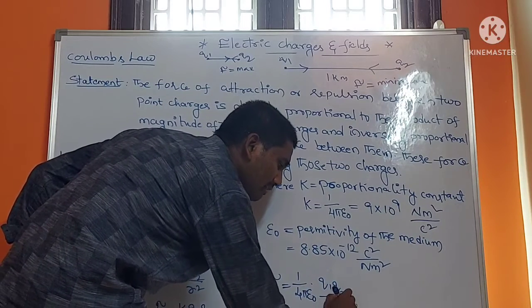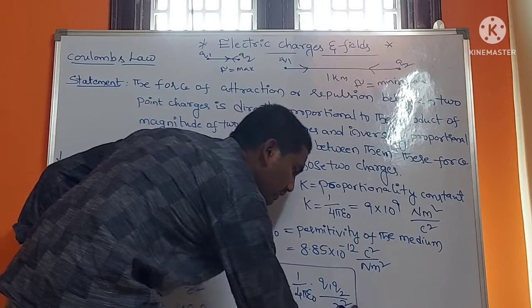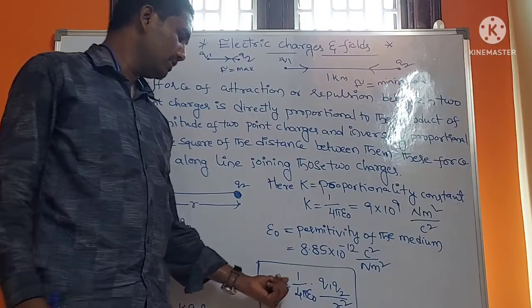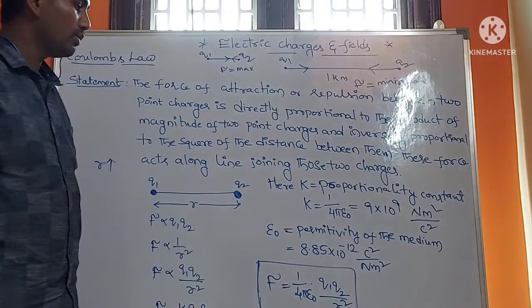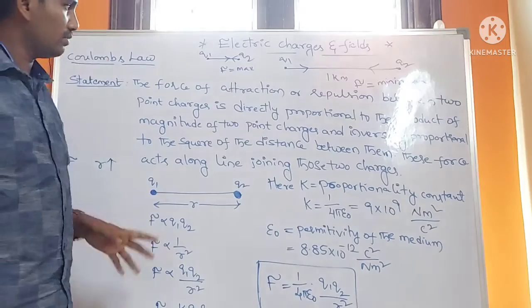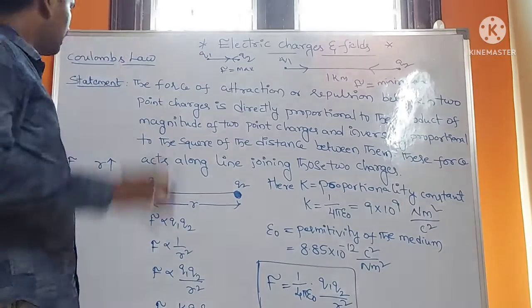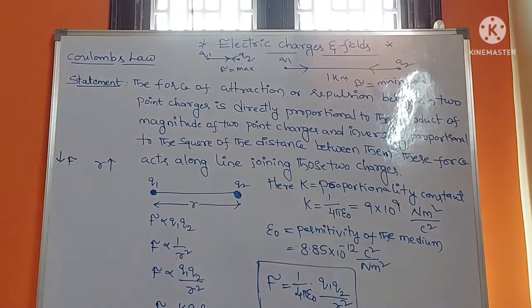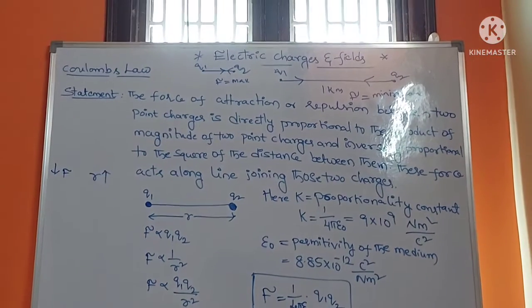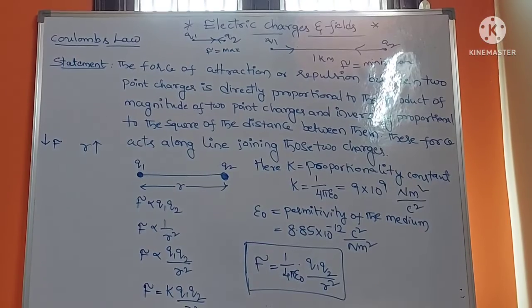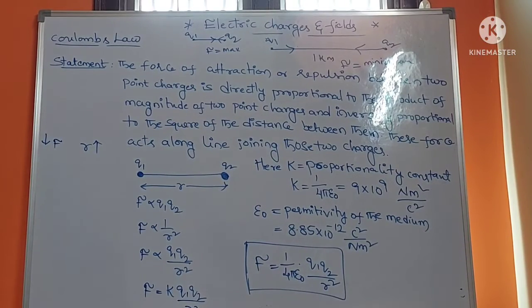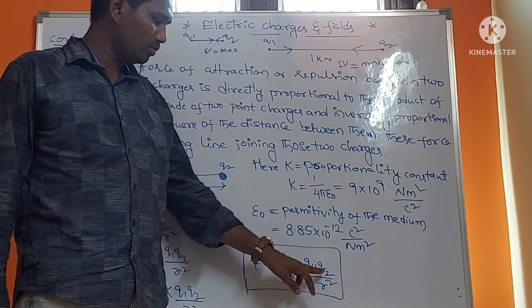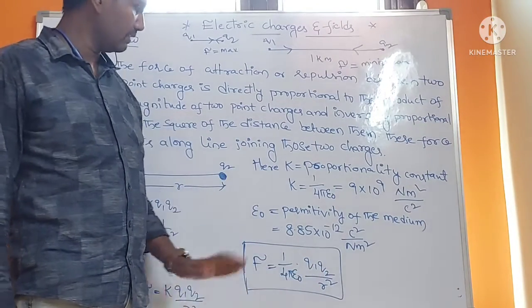Finally, the final formula is F is equal to 1 by 4 pi epsilon naught Q1 Q2 by R square. This is the Coulomb's law force equation.